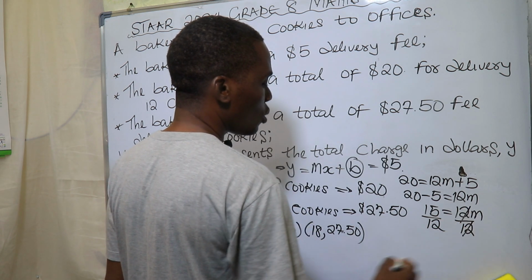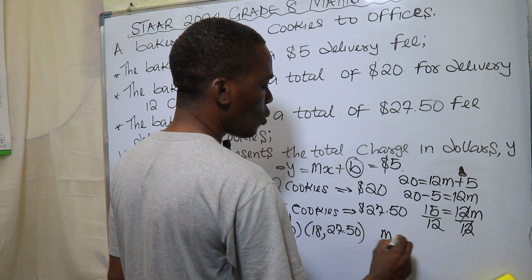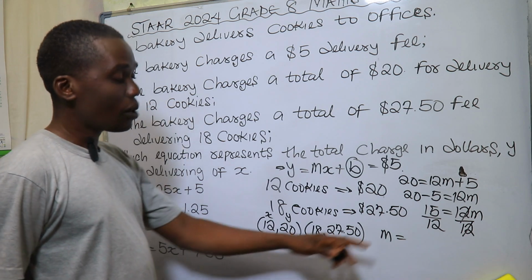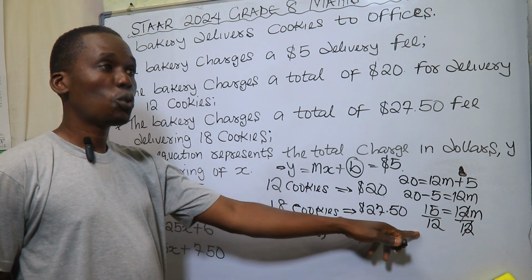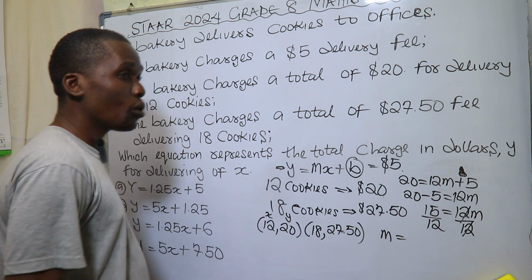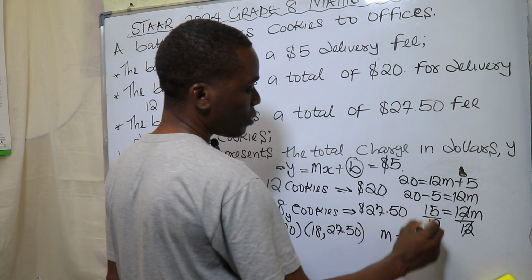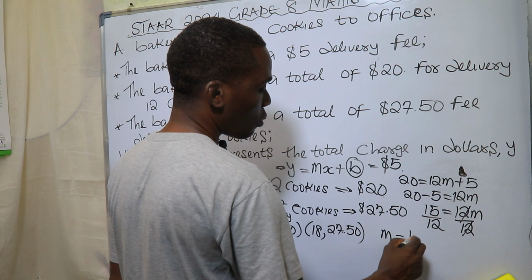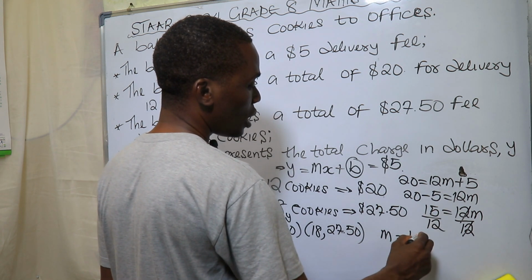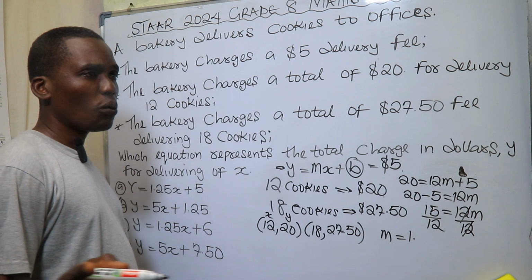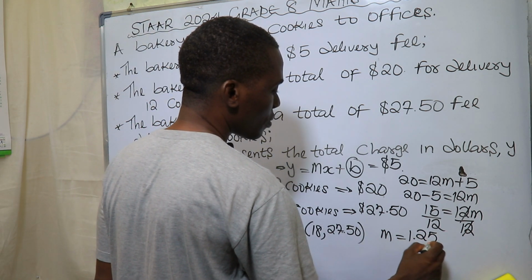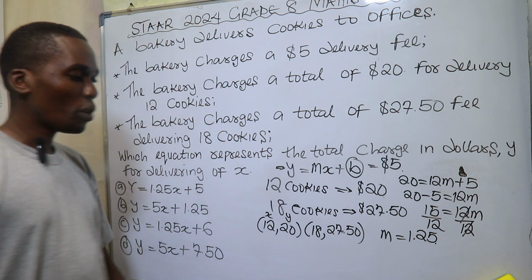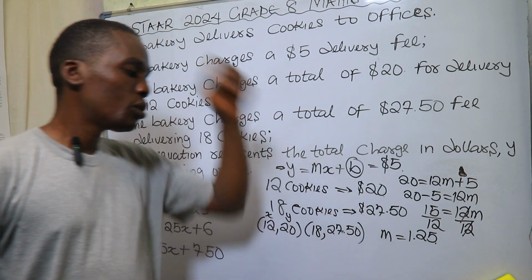While 12 cancels out 12, the value of m will be equal to 15 divided by 12. And 15 divided by 12 is going to give us 1 point, remaining 3, and that will give us 1.25.